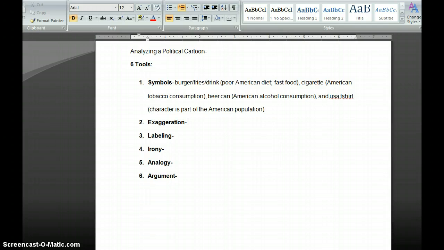Alright, so the next tool of analyzing the cartoon is exaggeration. So as we know, exaggeration is when the feature is overdone, and that's done to draw attention to something.